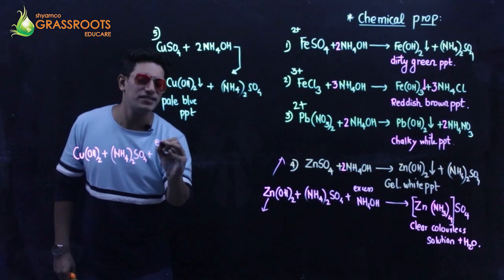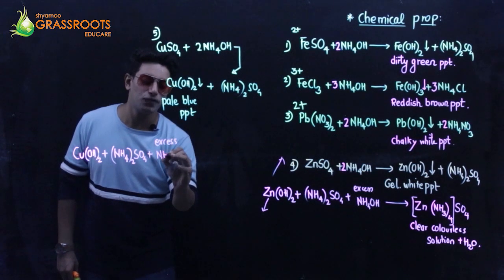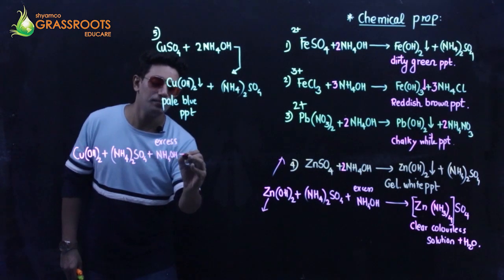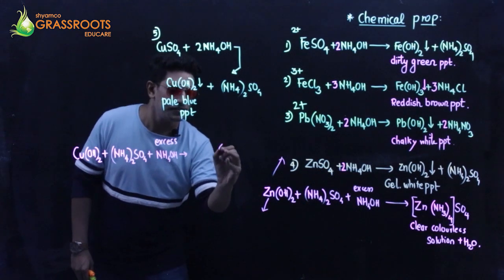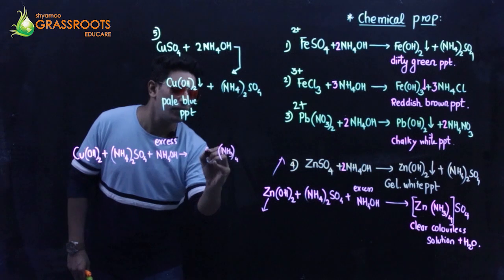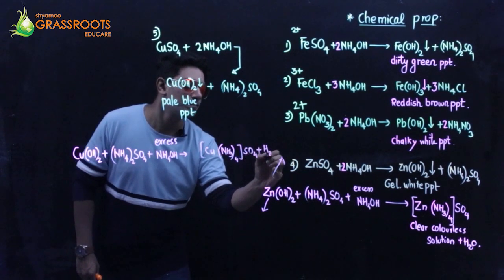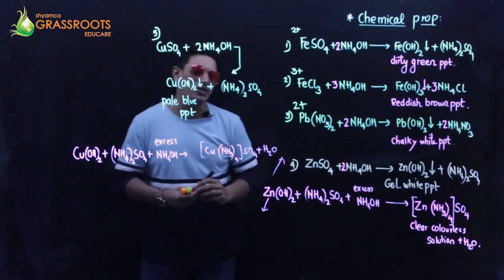You pour excess of ammonia, NH4OH solution. It gives tetraamine copper sulfate plus water. Now this is not a precipitate.